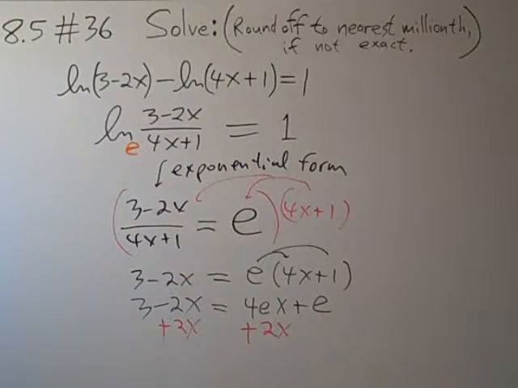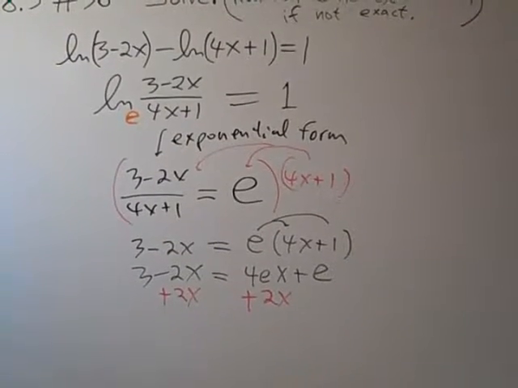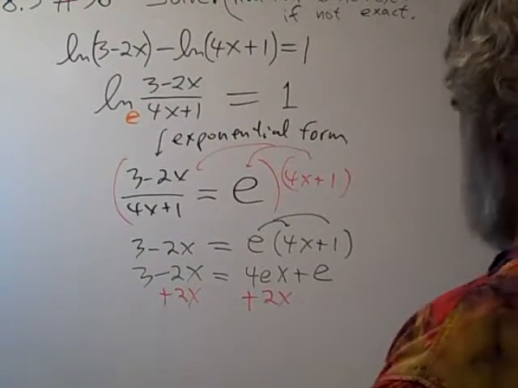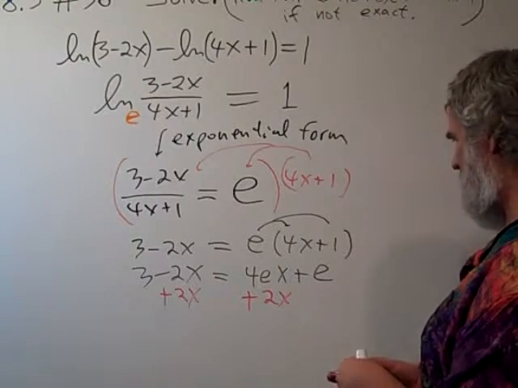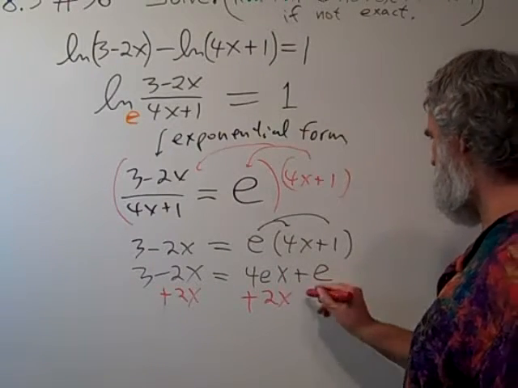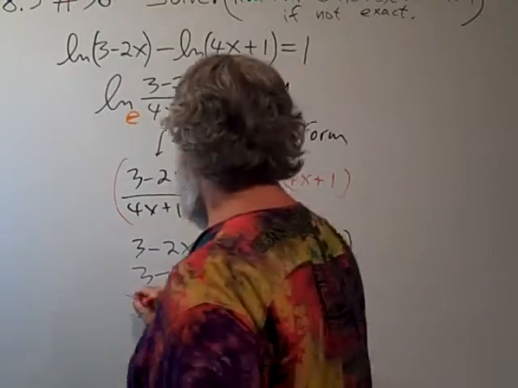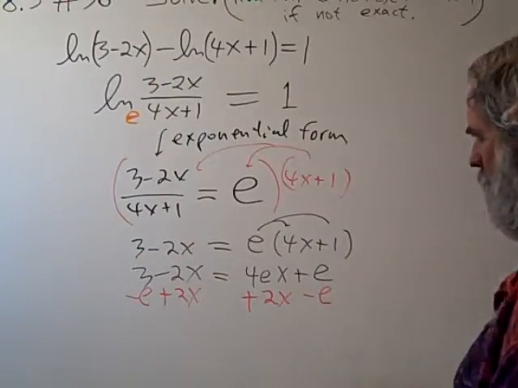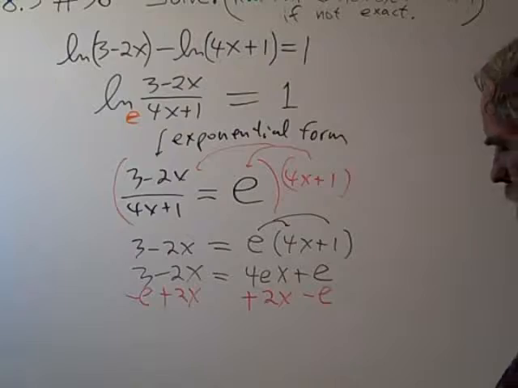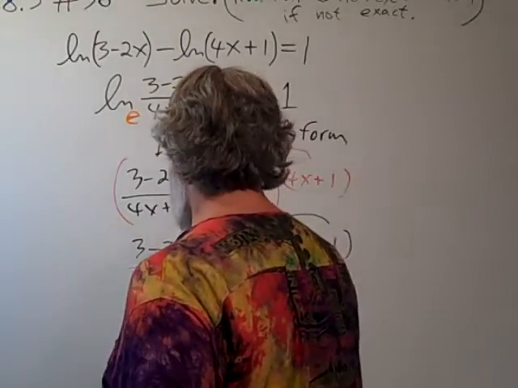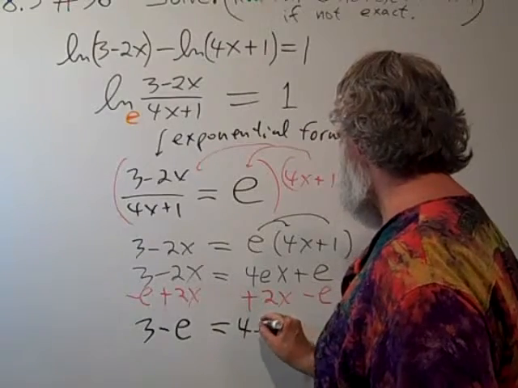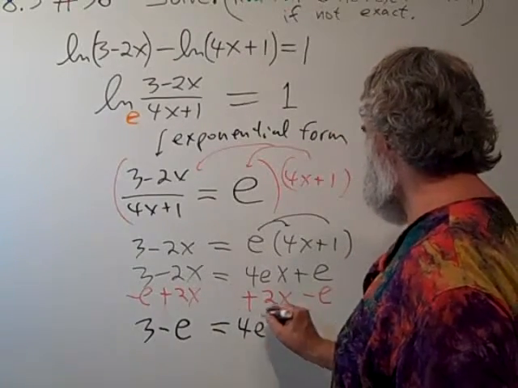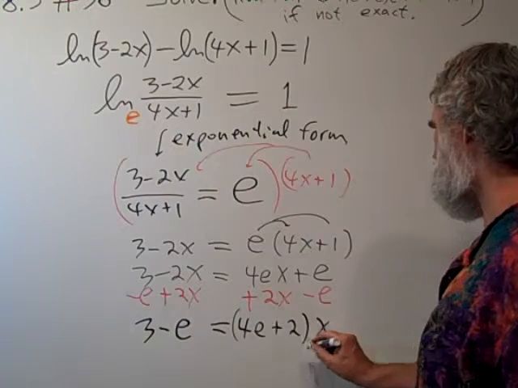Our equation then becomes, well, this brings the x's to the right side, so while we're at it, let's subtract e from both sides. We end up getting 3 minus e is equal to 4ex plus 2x.